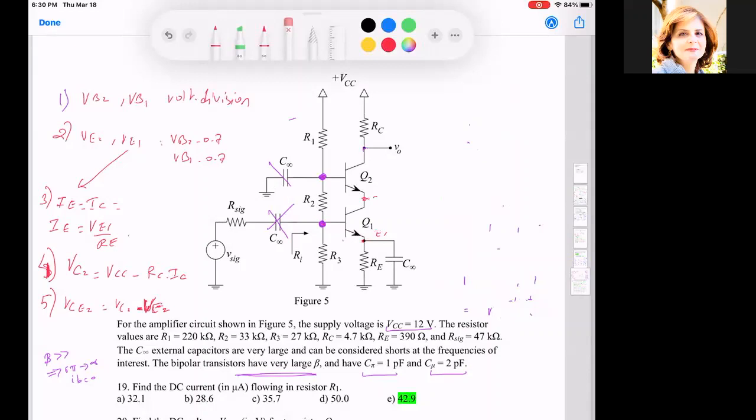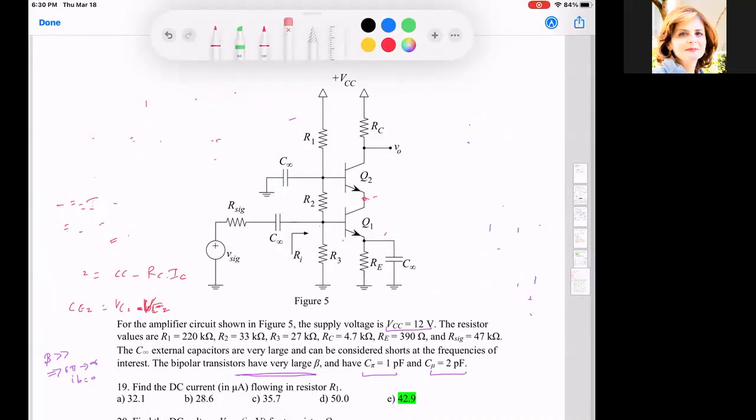So let's see now what happens in small signal. Let me see if I have the object eraser. Okay, so let us see now how we handle the remaining questions.